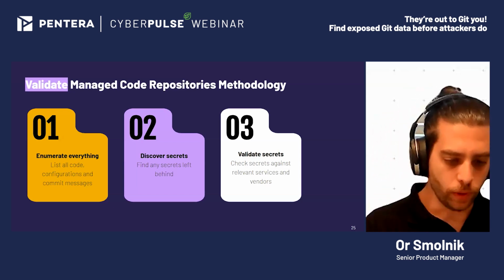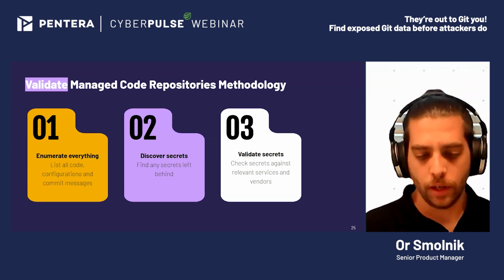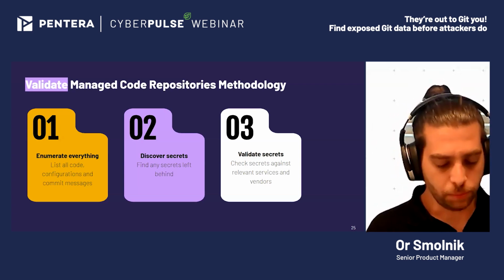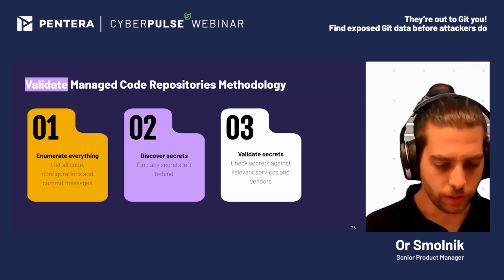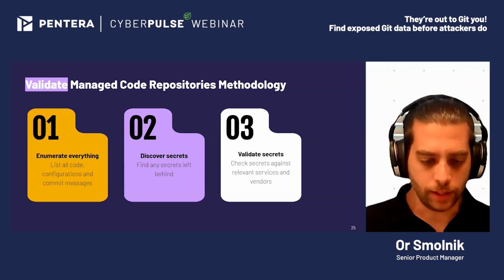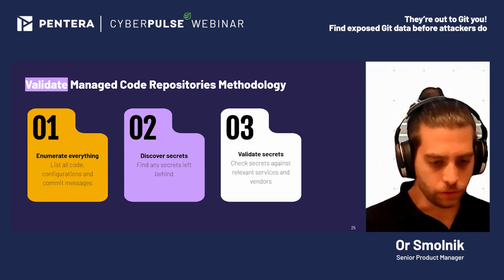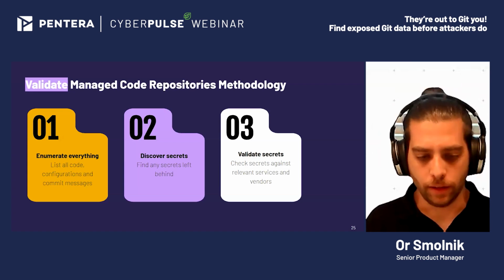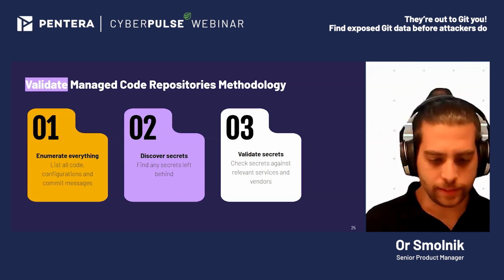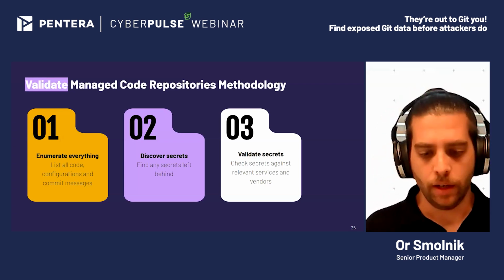We can go one by one and understand, using different techniques again, how many secrets are exposed out there. We right now support more than 700 detections of secrets for different vendors like GCP, AWS, Azure, of course, those are the big 3 clouds, but also other third-party services like Atlassian, Figma, and everything that you can think of, probably.